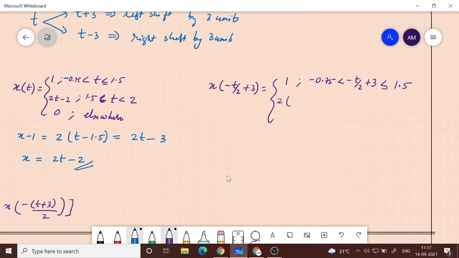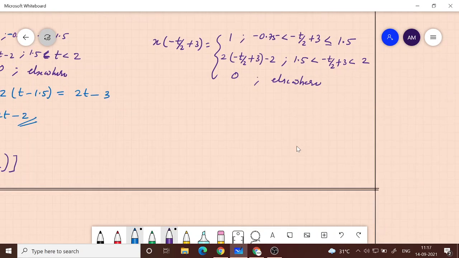Then 2 into minus t by 2 plus 3 minus 2 for 1.5 less than minus t by 2 plus 3. This is what I said, you need to do some work here to rearrange it. If you do all the algebra correctly, you will get it. So you can follow any of these methods.